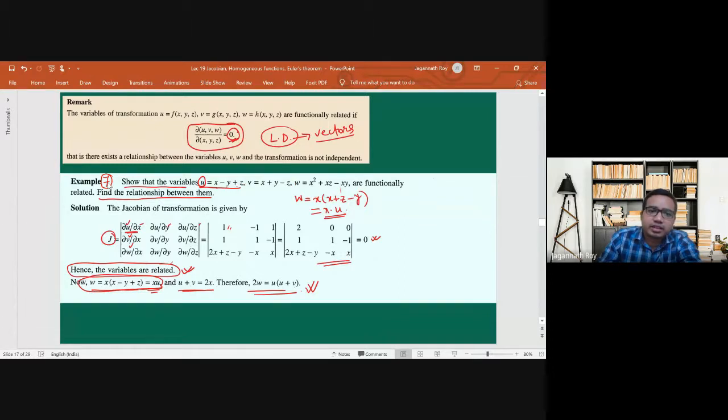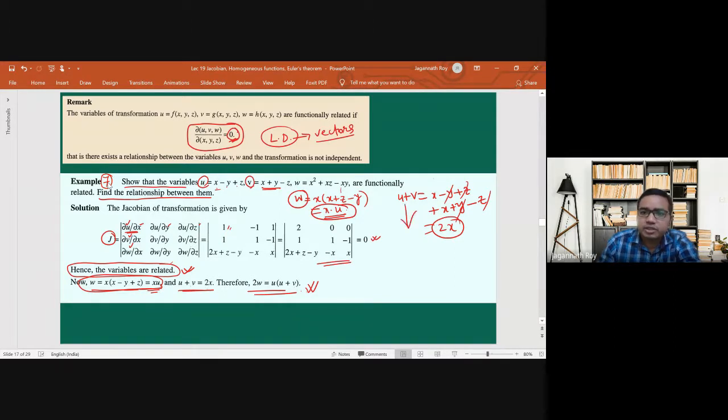Okay, let us add these two things. This is u and plus v. u plus v will be x plus x minus y plus z plus x minus x plus y minus z. So this one gets cancelled and it remains only 2x. Already we have that w equals x times u.